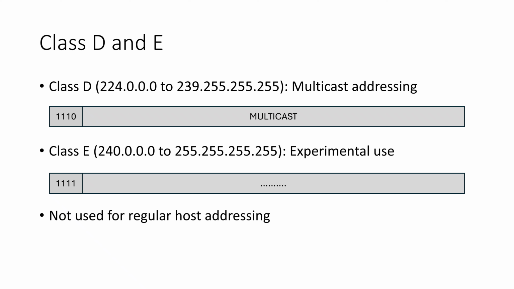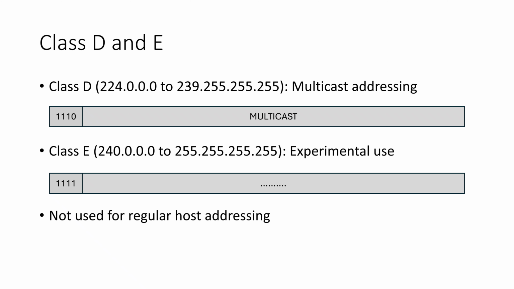Finally, we have Class D and Class E. Class D addresses range from 224.0.0.0 to 239.255.255.255 and are reserved for multicast groups, meaning data sent to multiple devices that have subscribed to a multicast group.